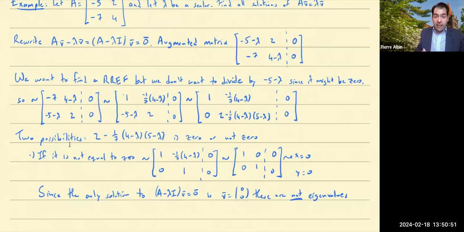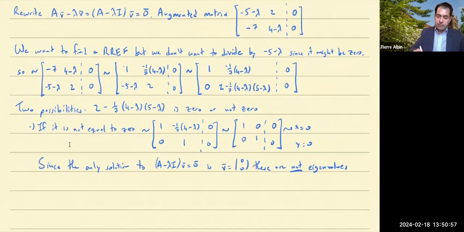So we're interested in those lambdas when we have an interesting solution, when we have a solution other than this 0, 0, right? So this brings us to our second possibility, which is that this polynomial does vanish, right? If it is 0, then I can rewrite it.